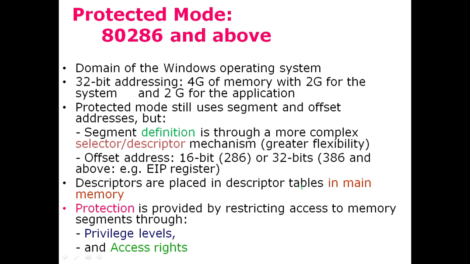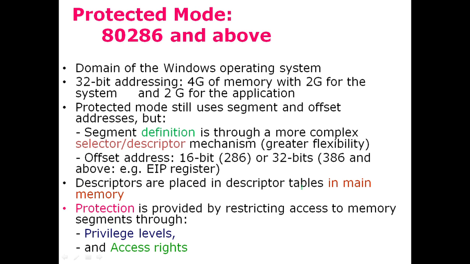So only the DOS operating system is there on those two microprocessors, while on the 80286 and later microprocessors the Windows operating system is there, and protected mode is where the Windows operating system operates. In 32-bit addressing, 4 gigabytes of memory, with 2 gigabytes for the system and 2 gigabytes for the application, can be supported.